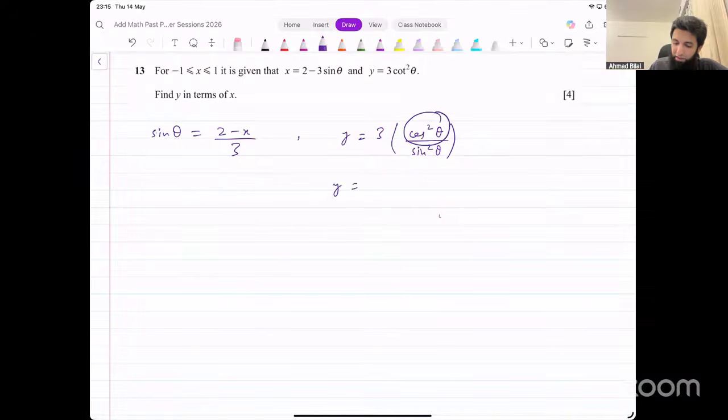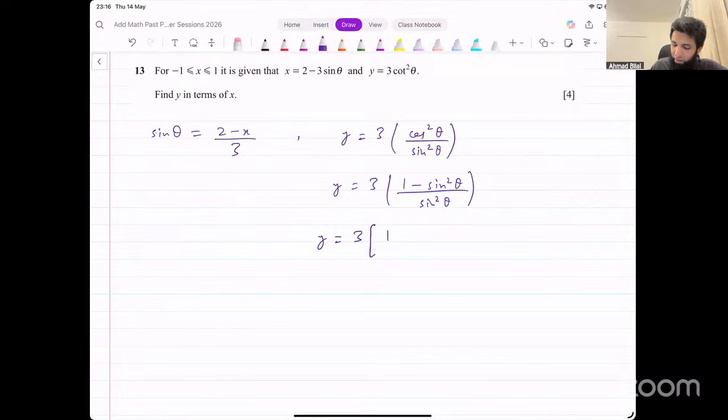In place of sine square theta, we can just input that value. However, in place of cos square theta, let's write it as 1 minus sine square theta, divided by sine square theta. And now we can just input that expression here, and that will give us y in terms of x.